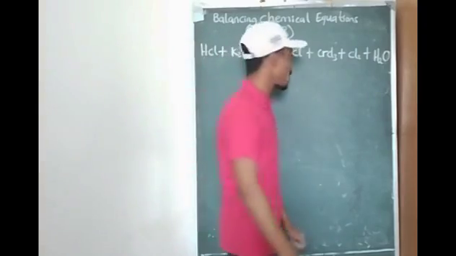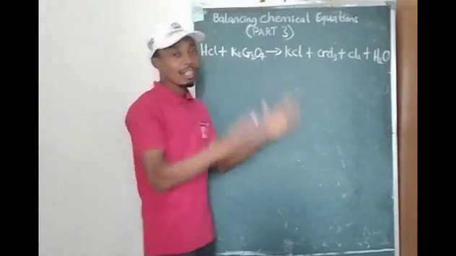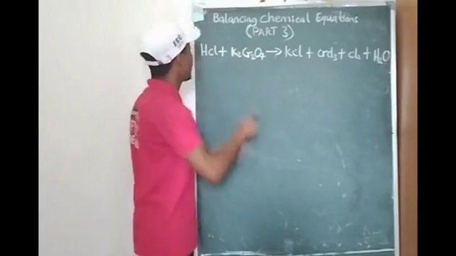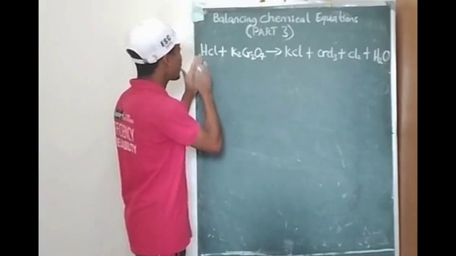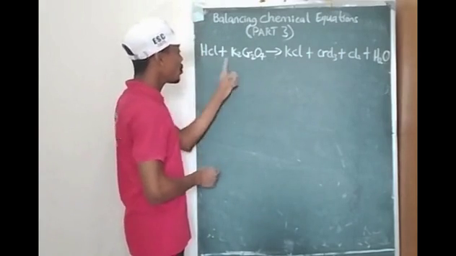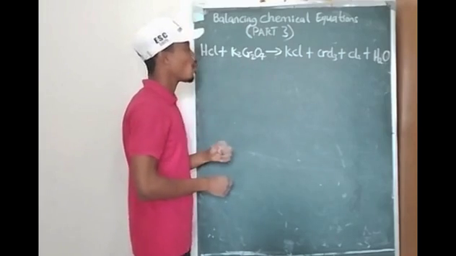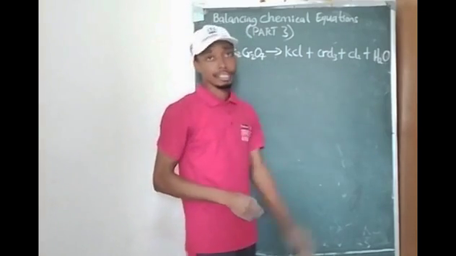Let's begin. Look at the overall chemical equation. You would see that we have hydrogen, chlorine, potassium, chromium, and oxygen, the same thing in the product.